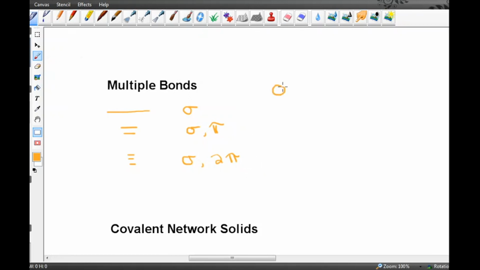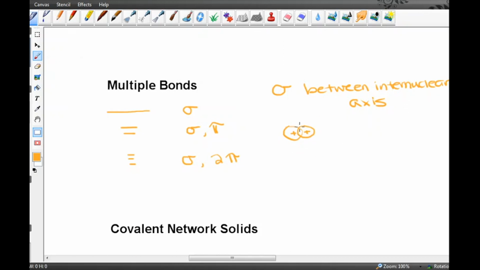Remind yourself that sigma bonds are between the internuclear axes. This is when we have an overlap, like a 1s overlapping with a 1s. See how that orbital overlap happens between the nuclei, like so.